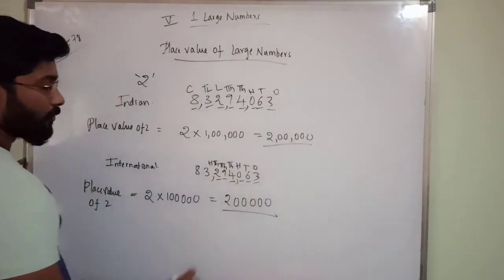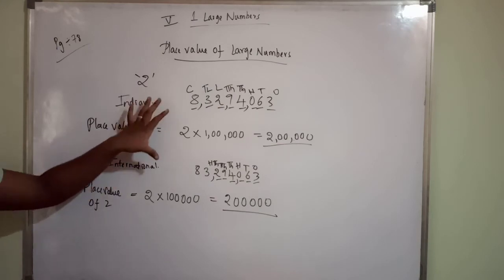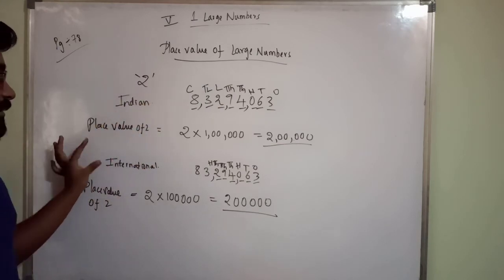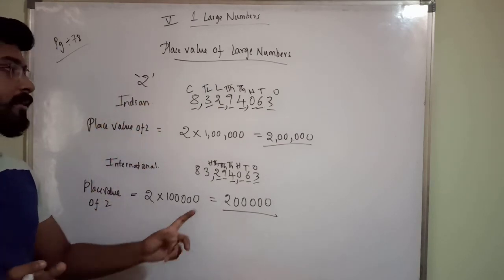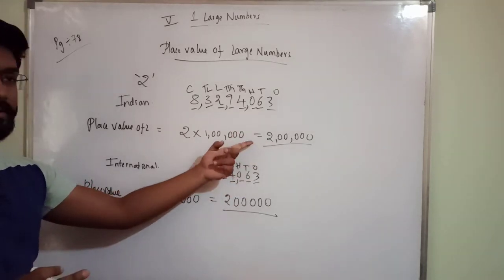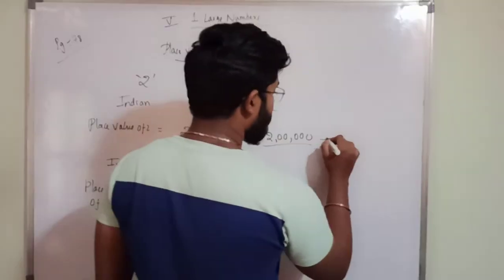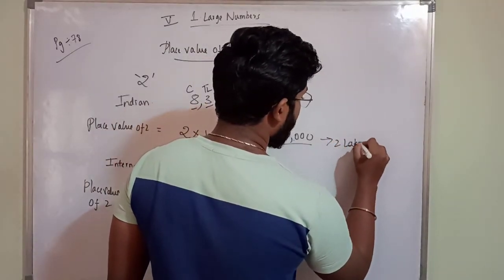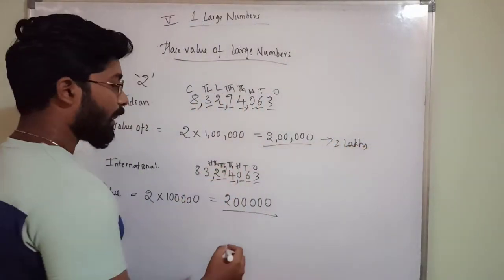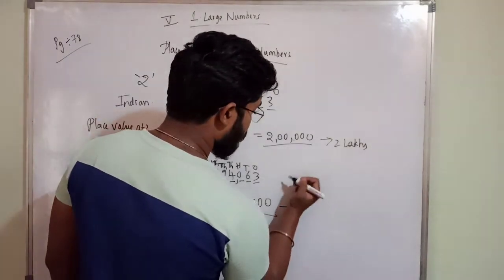These two are equal. Why? Only the representation in the Indian system and international system is changing, but the place value is equal. We will call this 2 lakhs in the Indian system. The same number we will call 200,000.